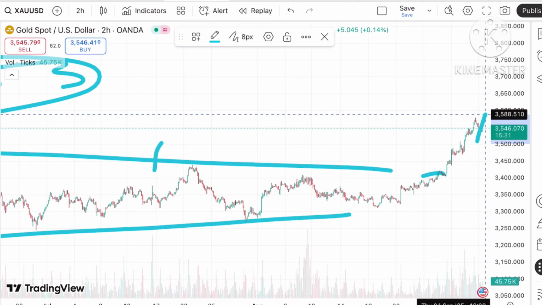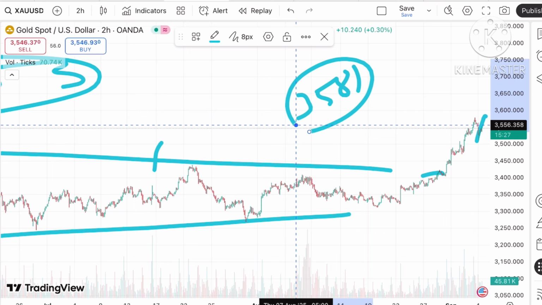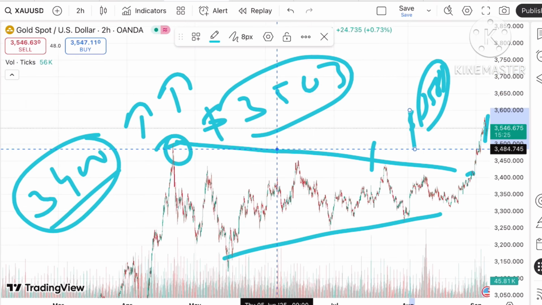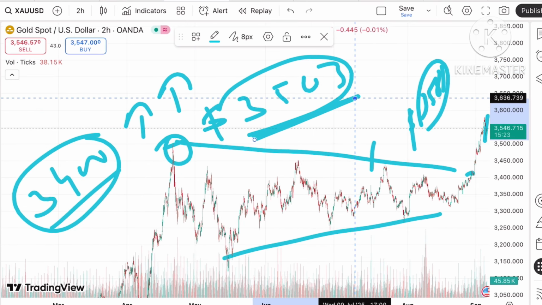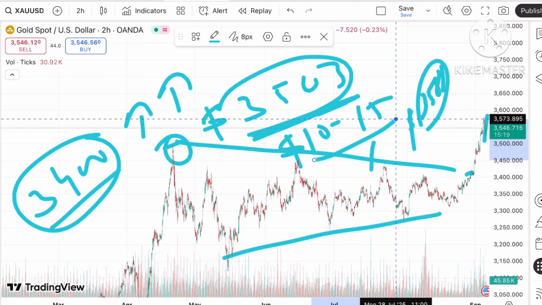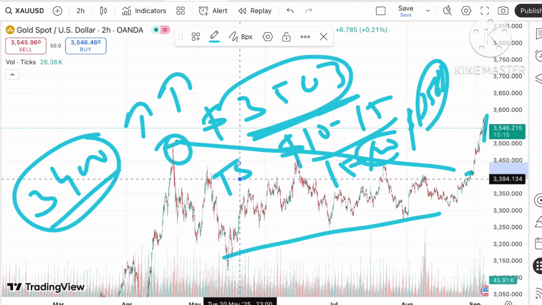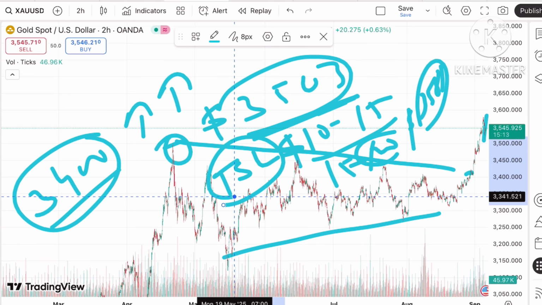The price has already made a new high, around 3581, and I've clearly explained that once the price touched this level and sustained, you should trail your SL by $10 to $15 or $15 to $20 as per your quantity, so you can capture a big movement towards the upside.